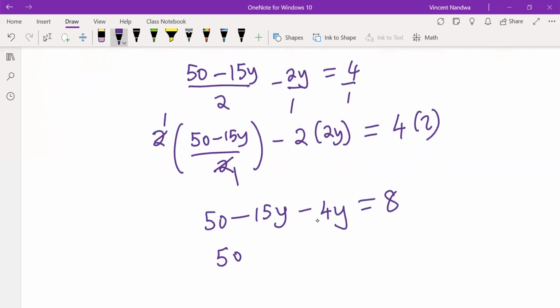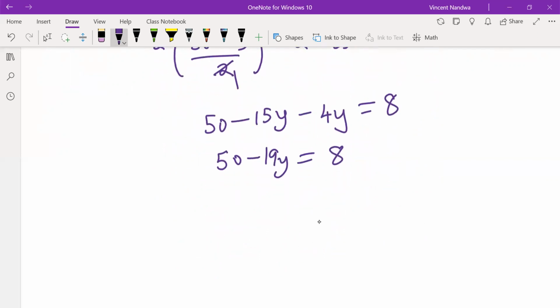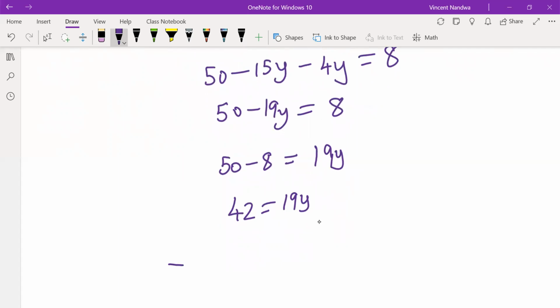So 50 minus 19y equals 8. And then 50 minus 8 equals 19y. So 42 equals 19y, which means y will be 42 over 19.